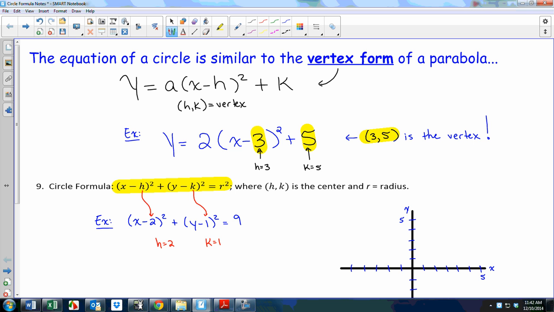You don't have this, I'm just kind of introducing the topic. I'll give you notes in just a moment. H is 2, k is 1, which means the center of your circle is 2, 1. If the r squared equals 9, what would r be? The r would be 3, right?